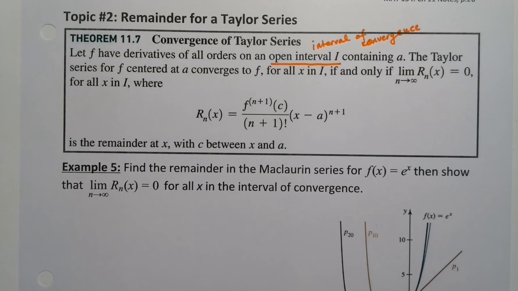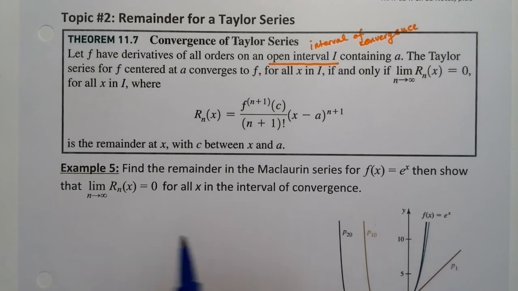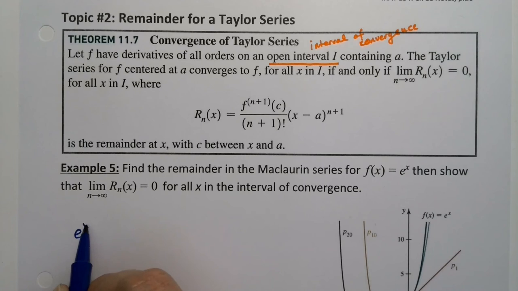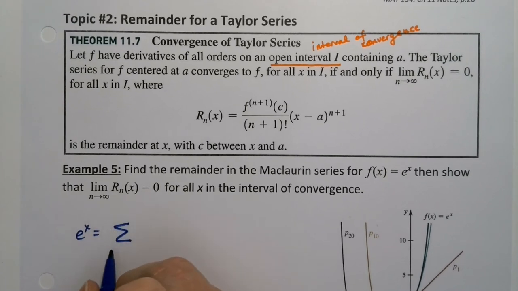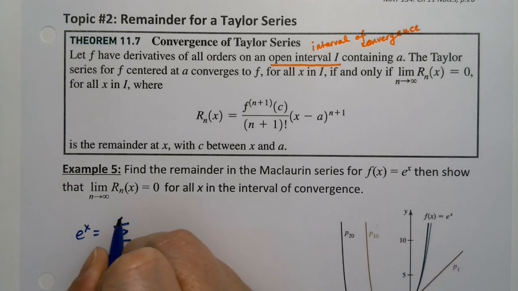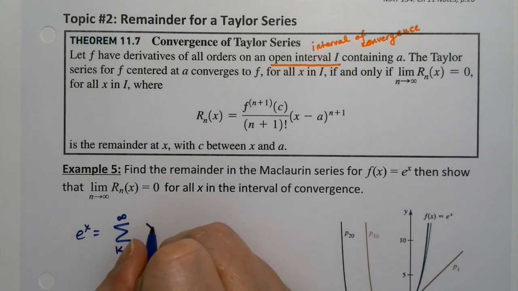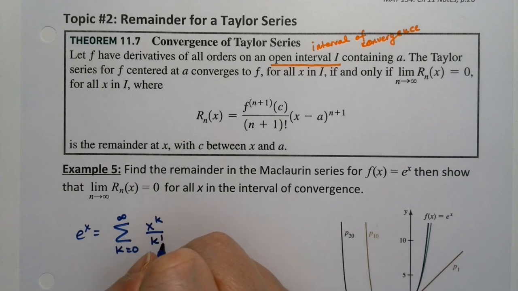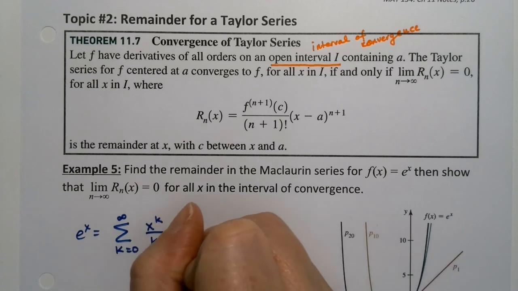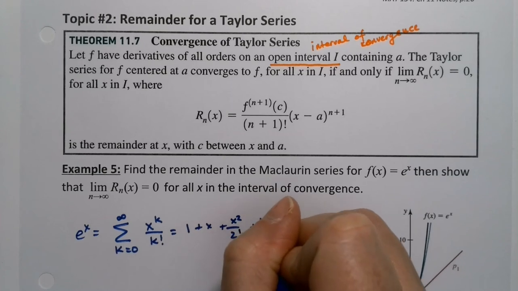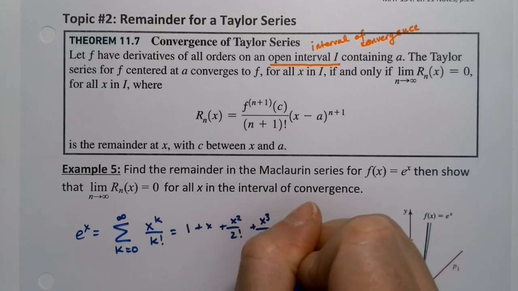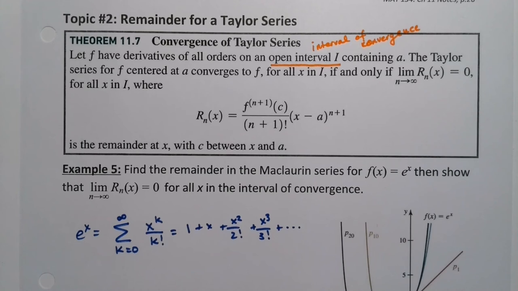So recall that the Taylor series for e to the x is equal to what I just showed you. It's the sum from 0 to infinity of x to the k over k factorial, right? Which is 1 plus x plus x squared over 2 factorial plus x cubed over 3 factorial, etc. Continuing on.